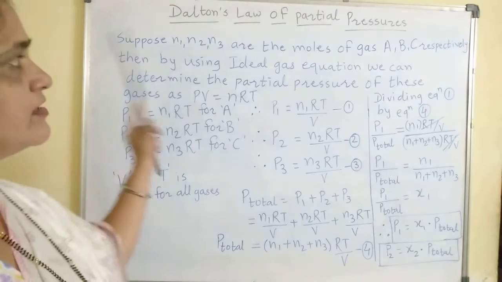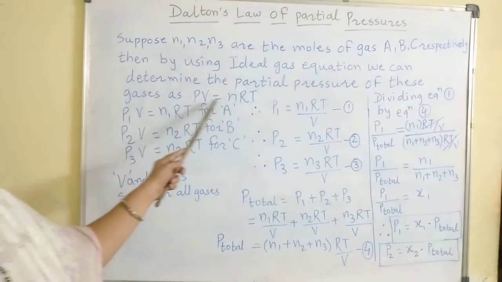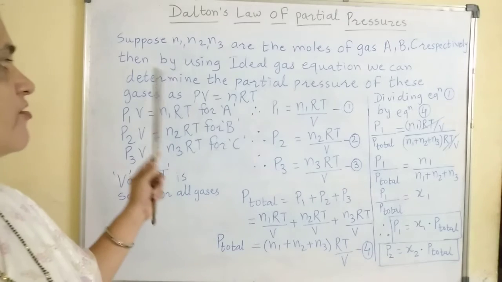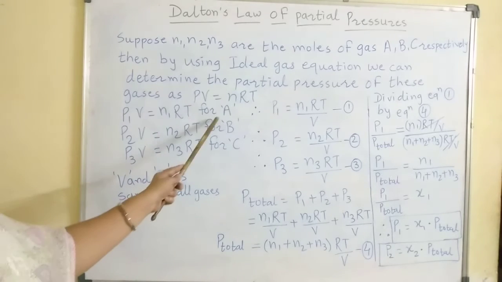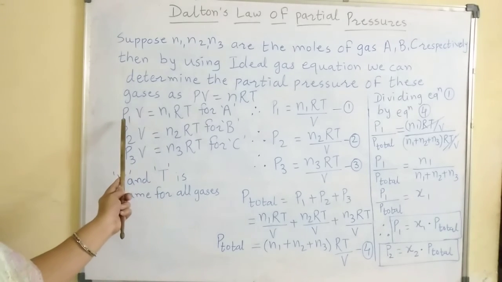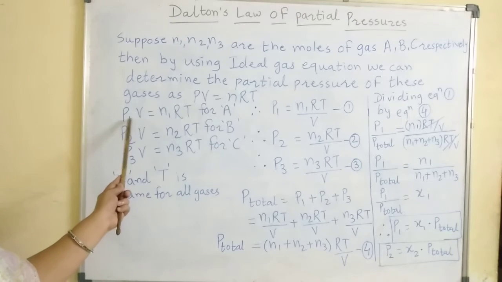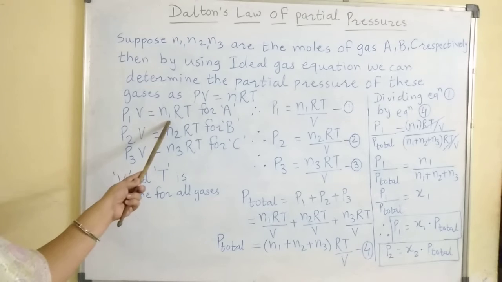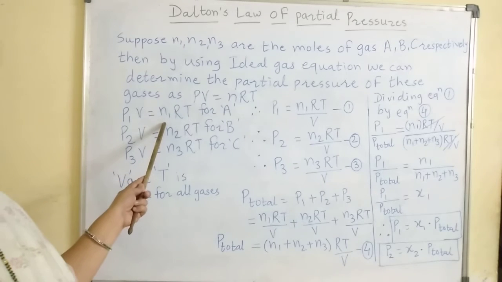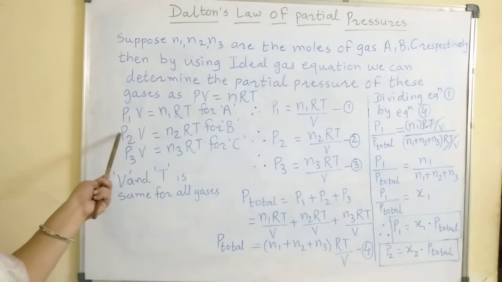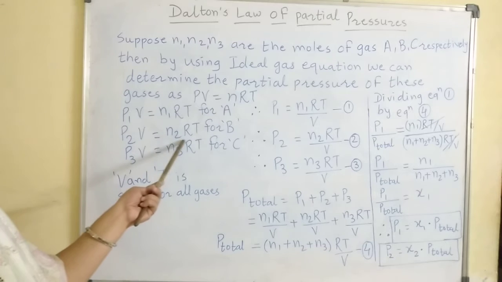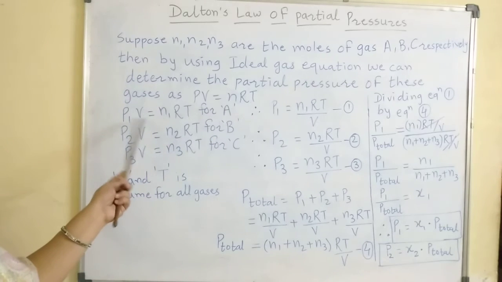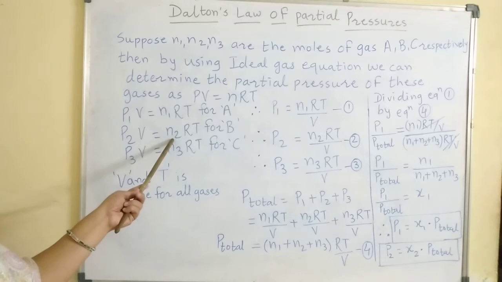For gas A, P1V equals N1RT, where P1 is the partial pressure of gas A and N1 is the number of moles of gas A. P2V equals N2RT is for gas B, where B has partial pressure P2 and number of moles N2.